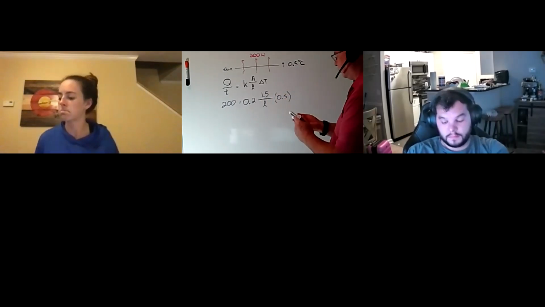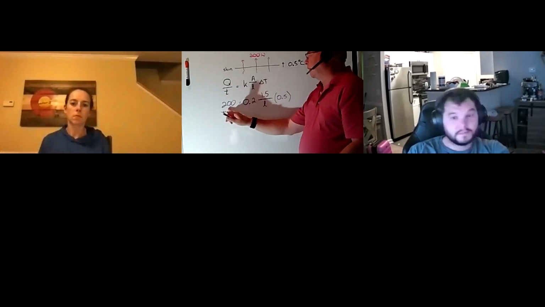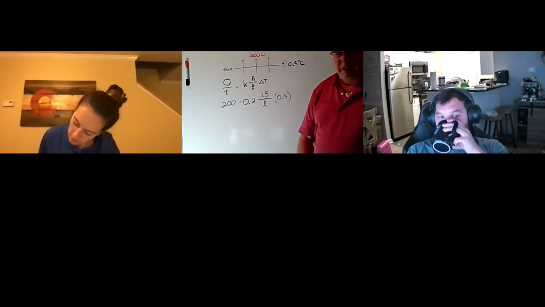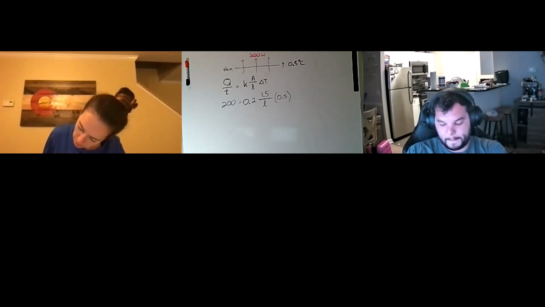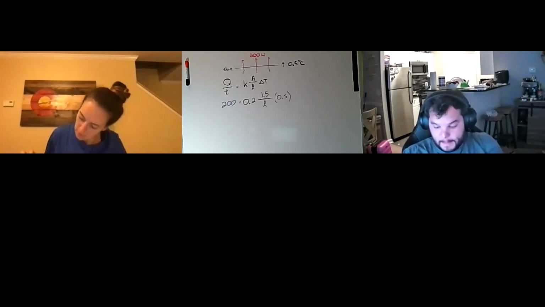Great. Okay, so if we multiply both sides by L, divide both sides by 200, we can see what we get. So go ahead and try that on your own. It would be great if you could share in the chat what you get.